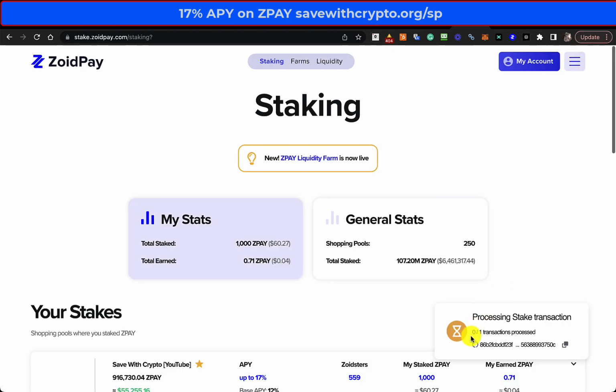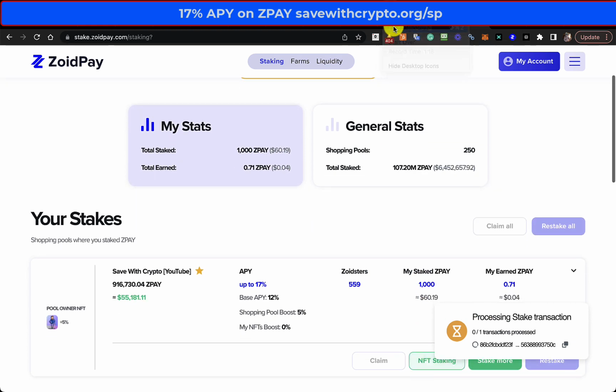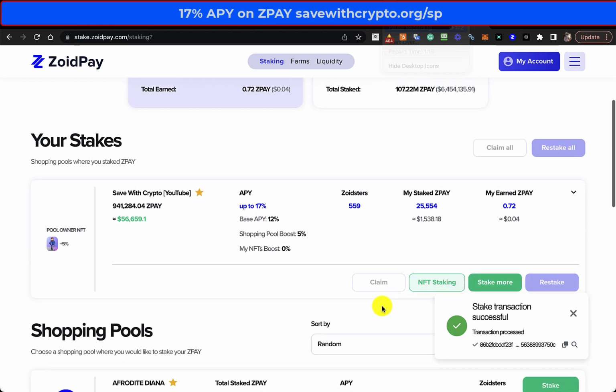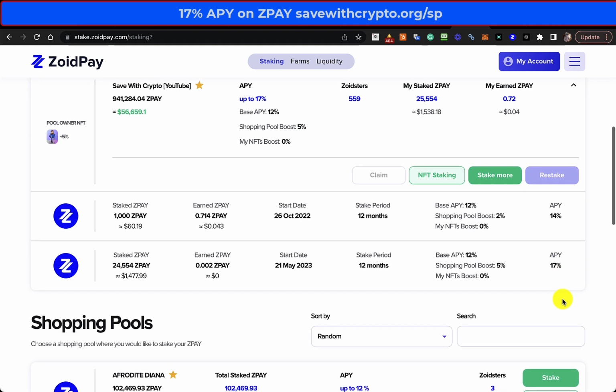Okay, so previously I had 1,000 staked, which was worth $60. Okay, so that's that done now. And you can see here there's now 25,554 staked there, which is equivalent to $1,538. Okay, cool.